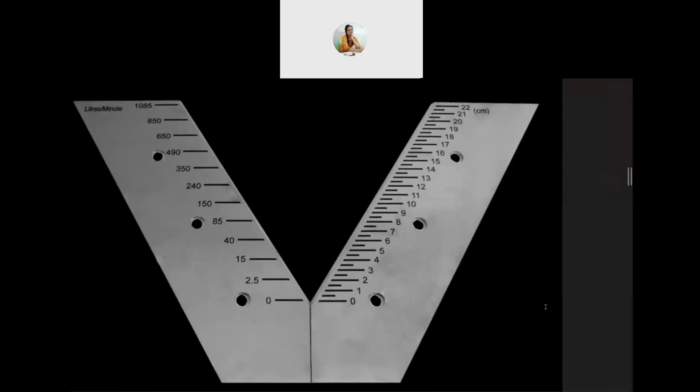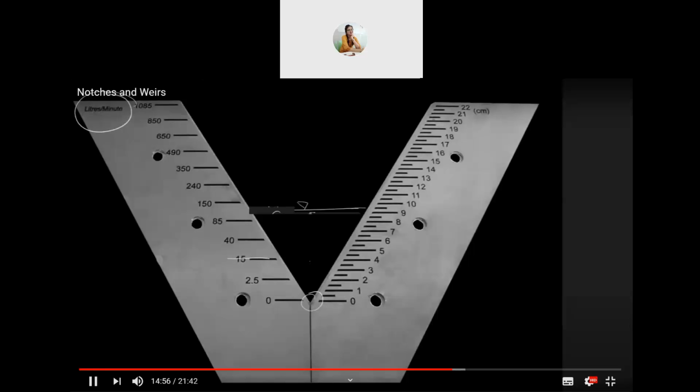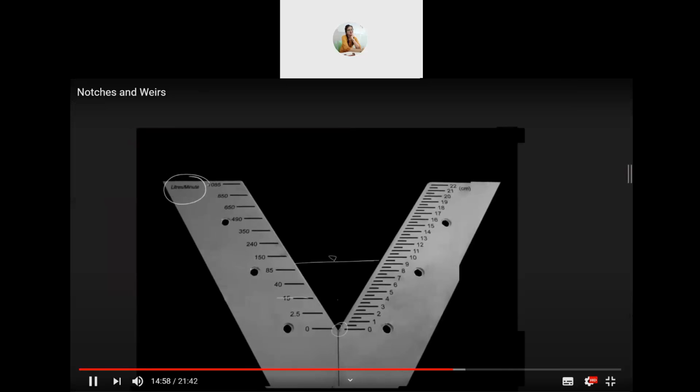Now what does it mean? If you have the height or head measured above this point, in that case, you can calculate the discharge over this notch. But so that you don't have to do all these calculations, some manufacturers will simply put the discharge values because they already have the formula.